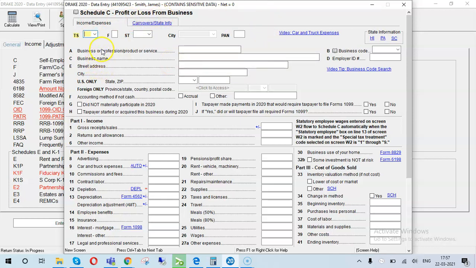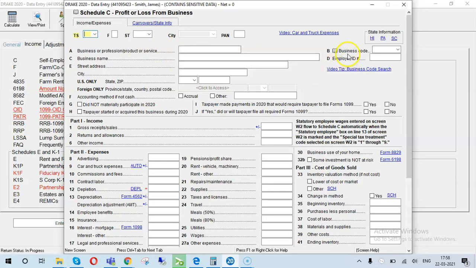From here you have to choose whose business this is, either the taxpayer or the spouse who is the owner of the business. Then you have to mention the name of the business and also the service or product which you provide to your clients.